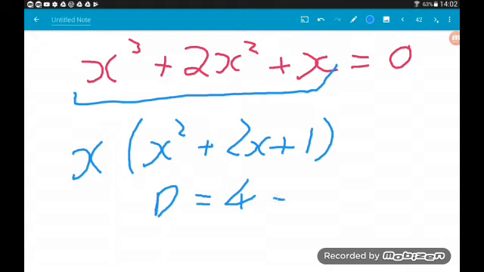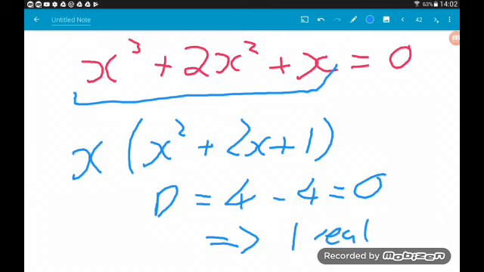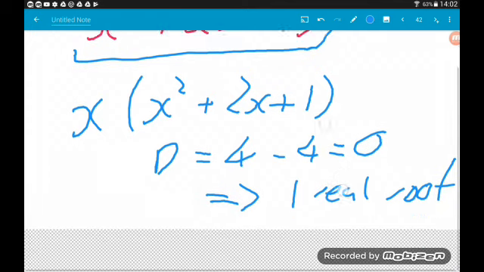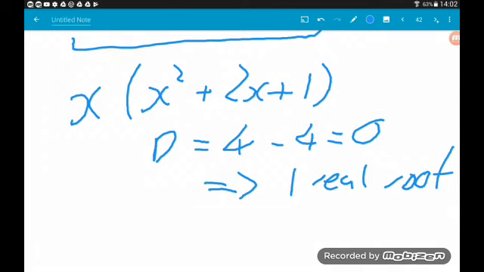So it's going to be 4 minus 4, which is 0. So, when the discriminant is 0, we have 1 real root. So, this cubic is only going to have 2 roots.